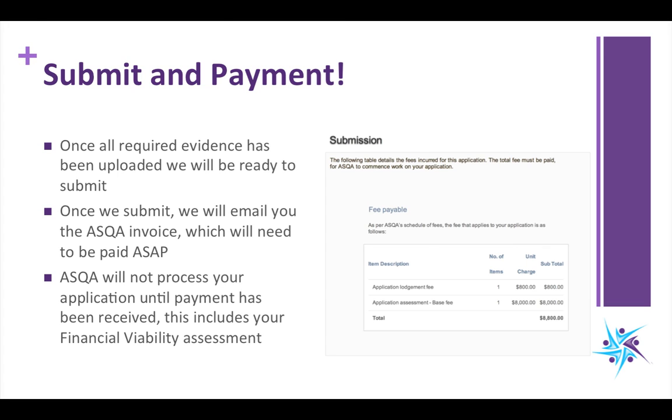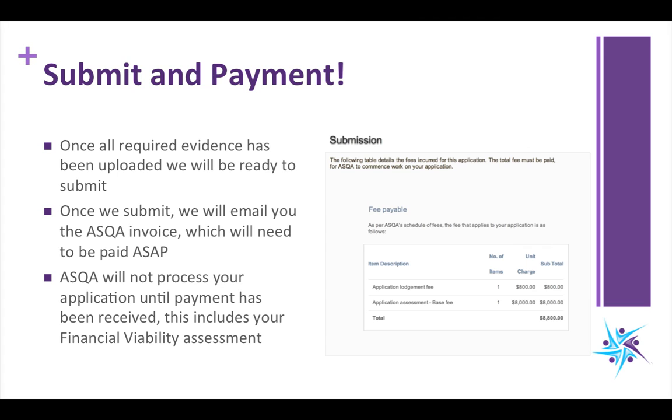Once we've completed all of that and you've completed your financial viability assessment, we'll submit this application and we'll email your financial viability assessment at the same time to ASQA on the same day. Once we submit, we will download, so we can click on the submit button and we'll download an invoice from ASQA. That invoice we will email to you straight after the submission, and you need to pay it as soon as possible.